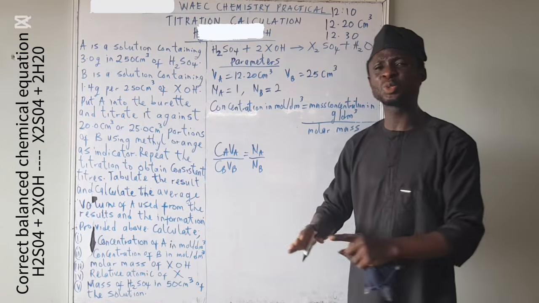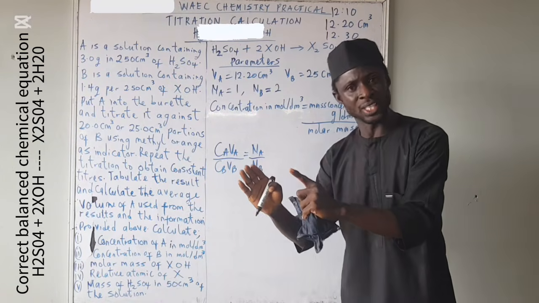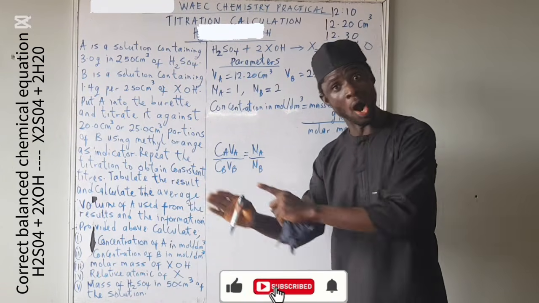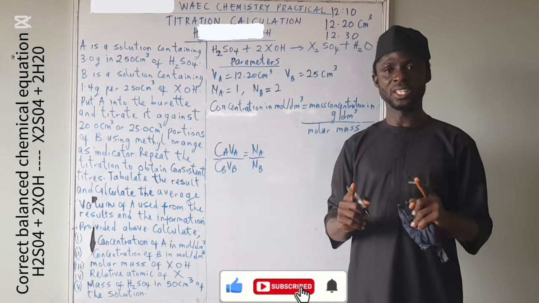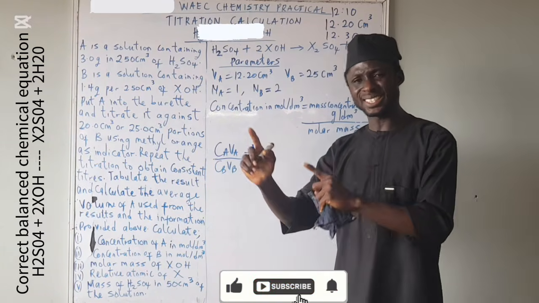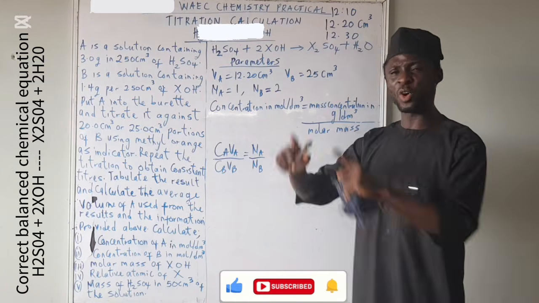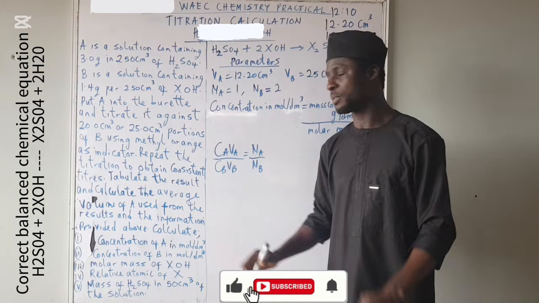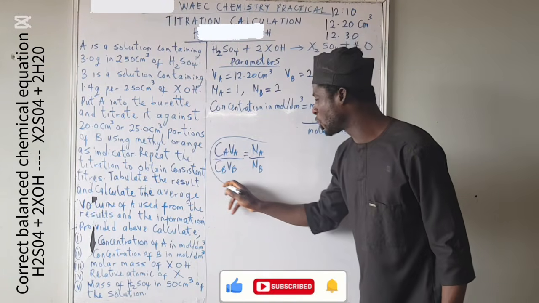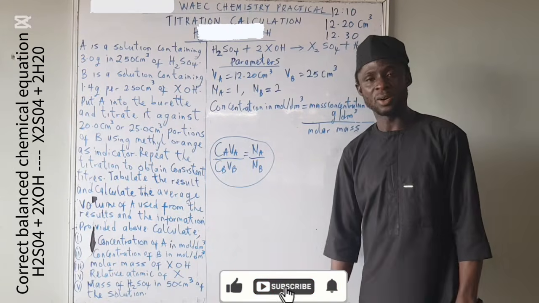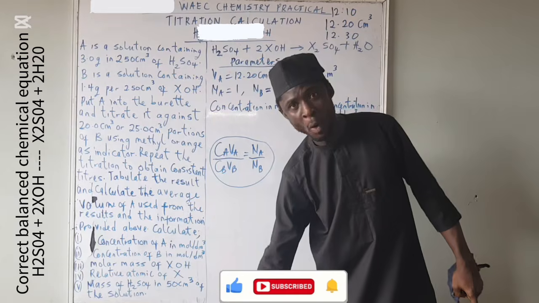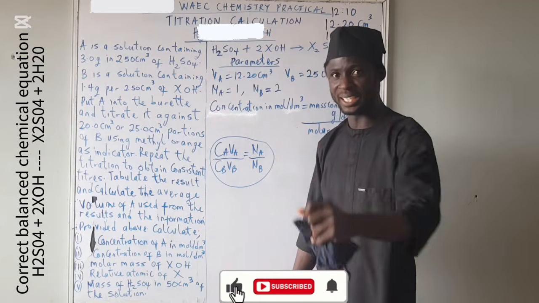No, you can only use it to calculate the molar concentration of the acid or the base. That is what your Ca and Cb represent: the concentration of acid in mole per dm cube and the concentration of base in mole per dm cube. So you can only use it to calculate concentration in mole per dm cube. But this formula can be used to calculate concentration in both mole per dm cube and gram per dm cube.